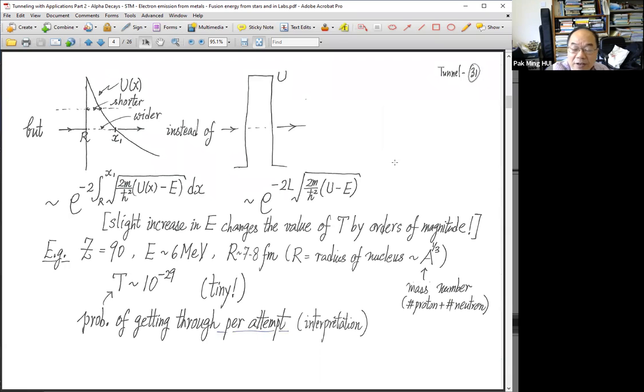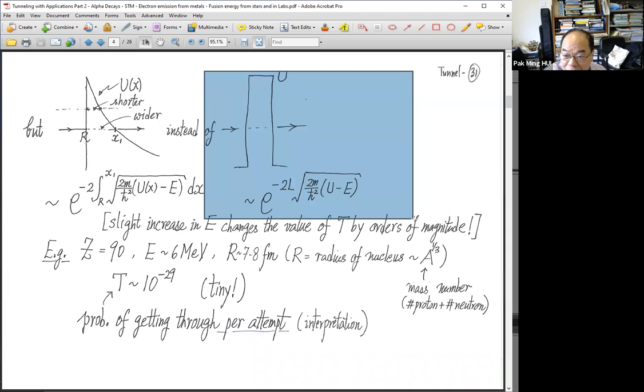So in reality, we are encountering more of a triangular barrier than a flat rectangular barrier, okay? For the rectangular barrier, that is the one that we discussed, we have such an expression for the tunneling coefficient.